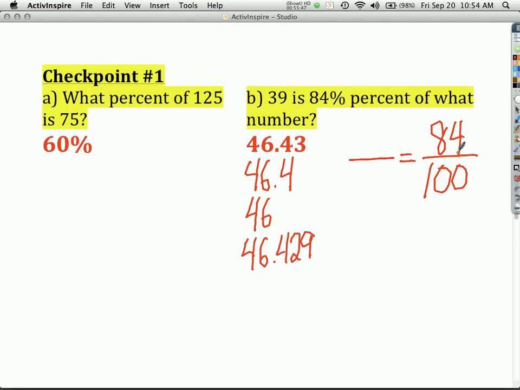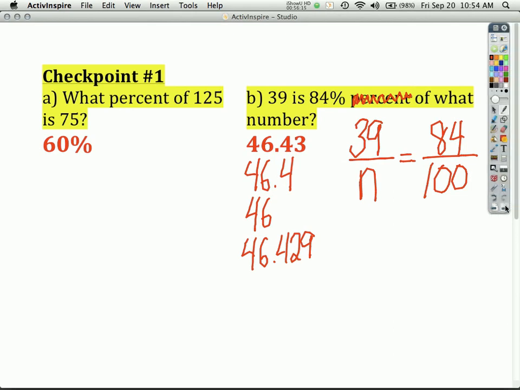Okay. So here's where the 39 goes, and that's the setup. It's like 84%. 39 is 84% of what number? Thank you. Any questions?